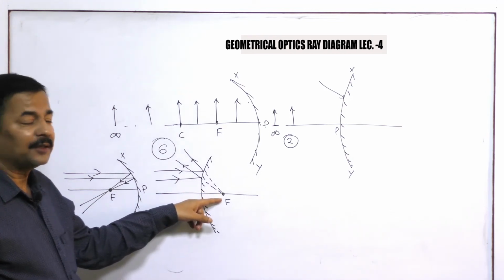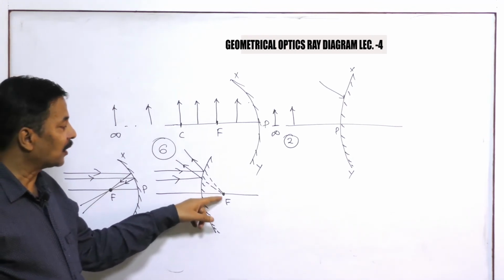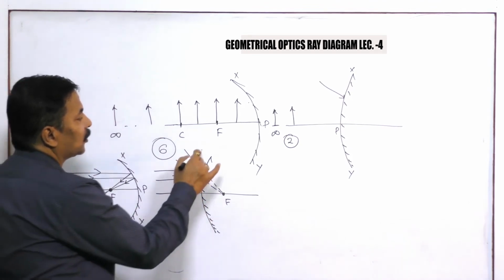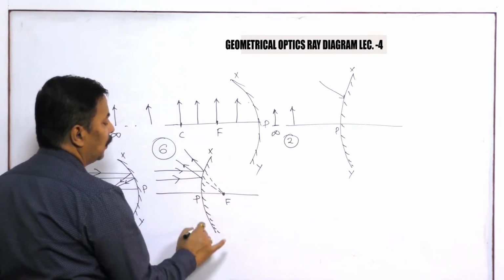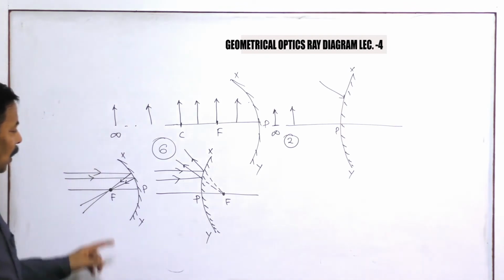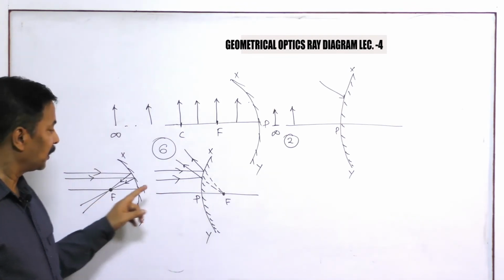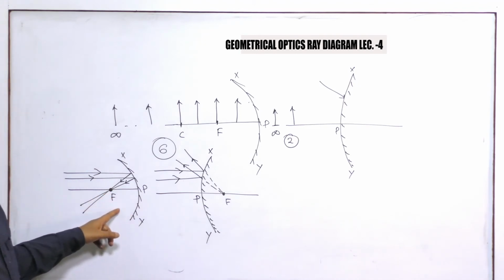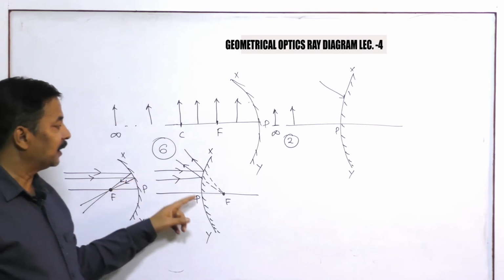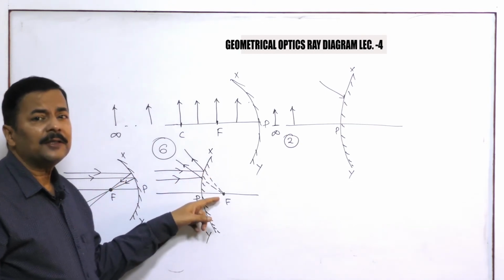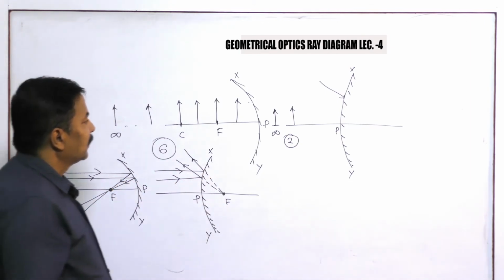So virtual image, point size at the focus of convex mirror is formed. Here also point size image is there, but in the concave case the point size image is real, whereas in this case the point size image is virtual.